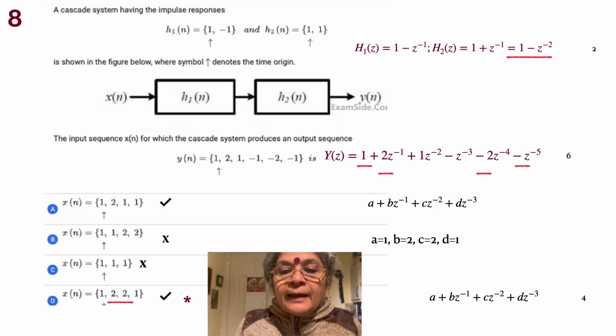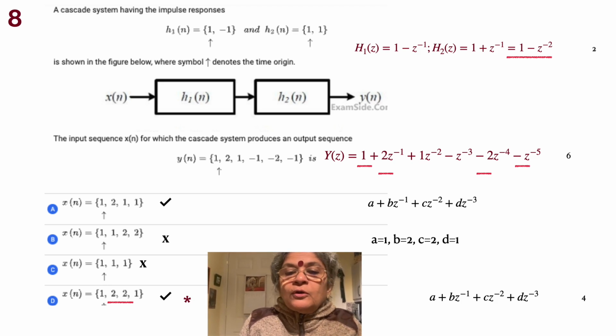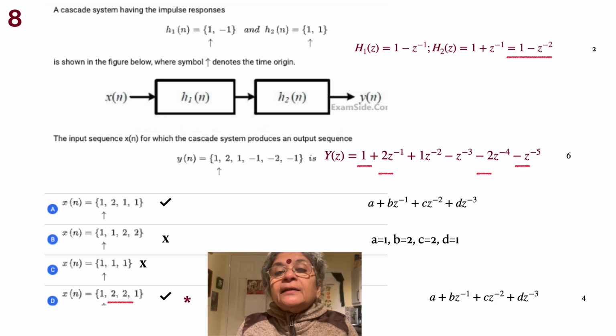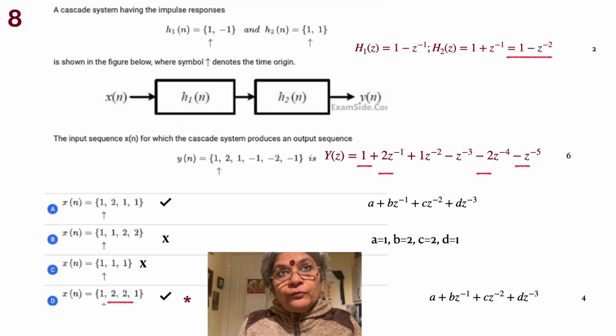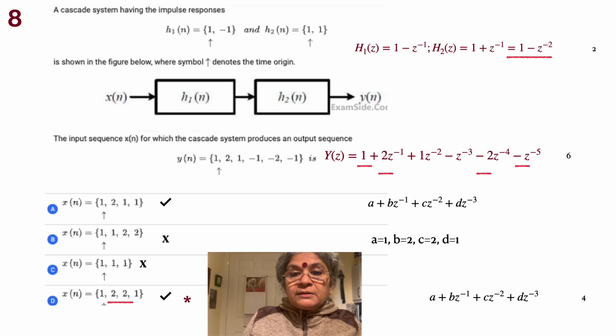So we have 2 and minus 2, and we see that H1(z) needs to be multiplied by 2 for the constant, and for the negative component it has to be again multiplied by 2 to get these responses. So the two internal signals will be 2 and 2.